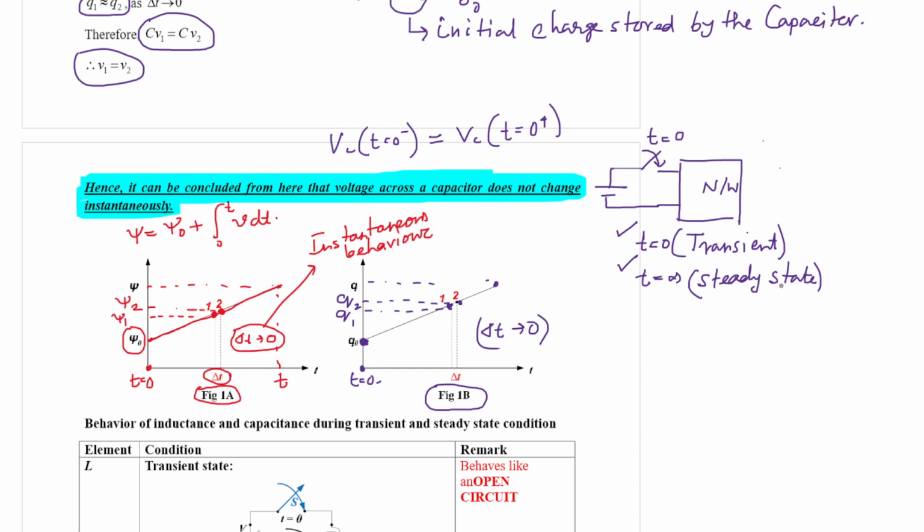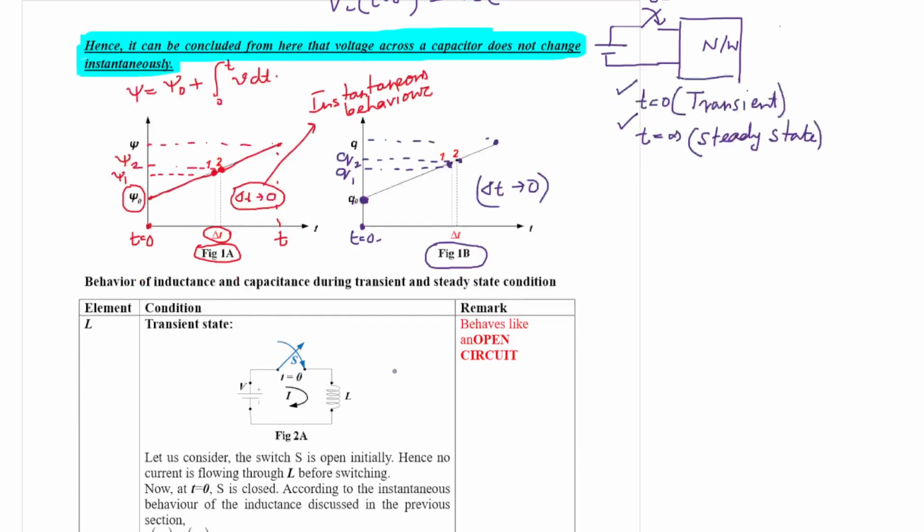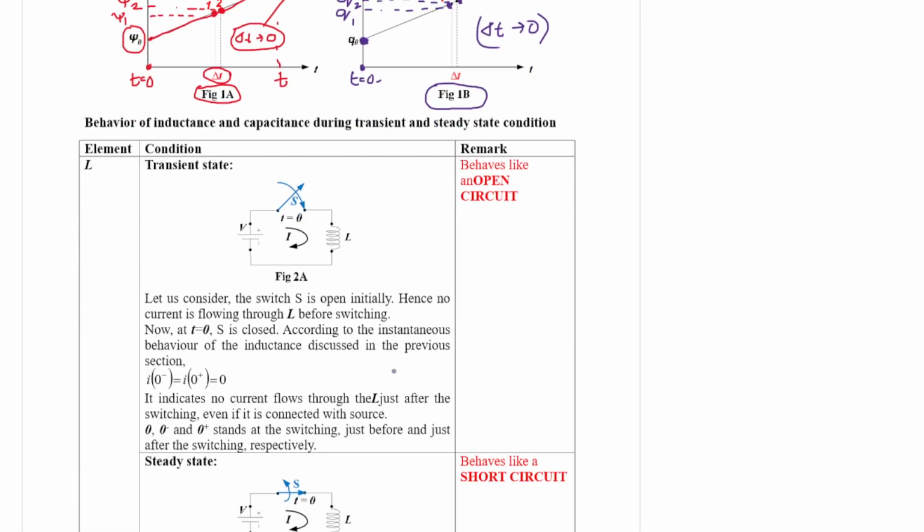So if it is okay with you, let us consider this network, figure 2a. We have an inductor L. Now please try to understand that this symbol, this straight arrow, refers to the switch S. However, this curved line represents the direction in which the switch is operated.